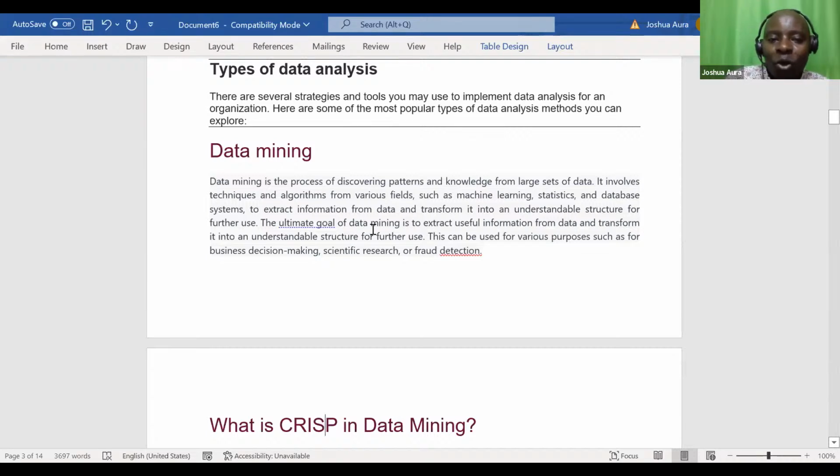The ultimate goal of data mining is to extract useful information from data. This can be used for various purposes, such as business decision-making, scientific research, or fraud detection.